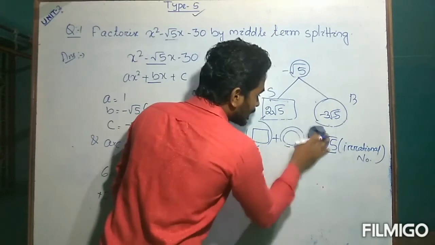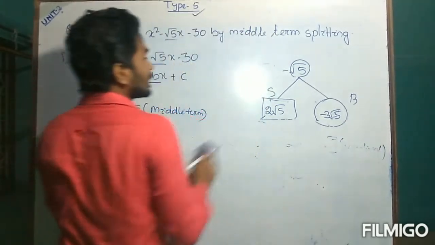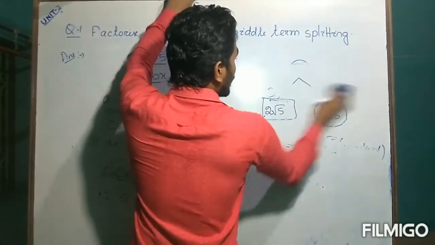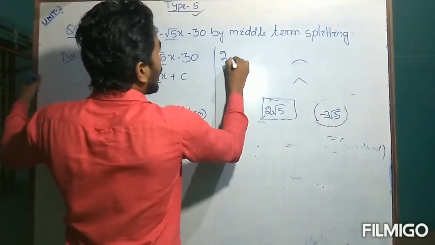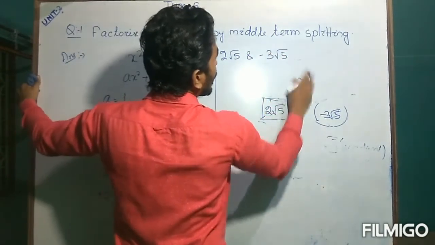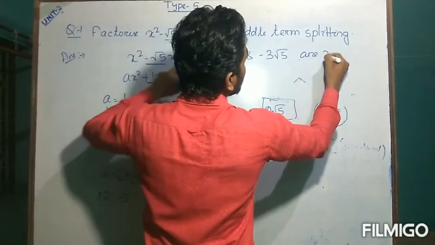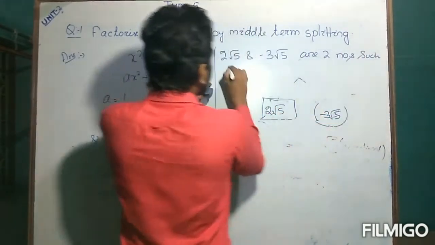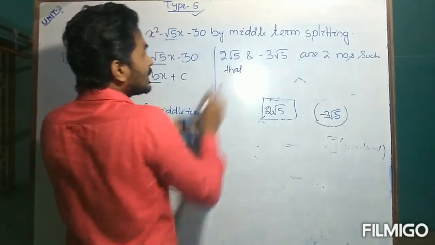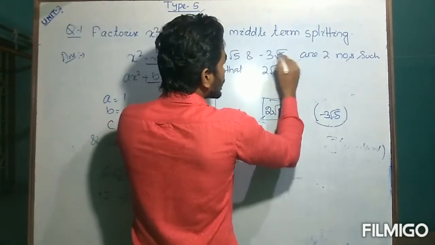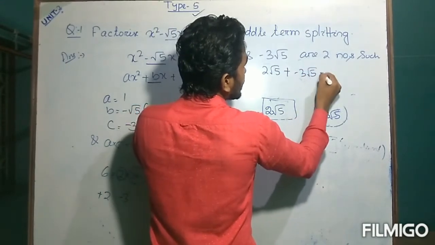Now you can write that 2 root 5 and minus 3 root 5 are two numbers such that their addition, that is 2 root 5 plus minus 3 root 5, is equal to how much?